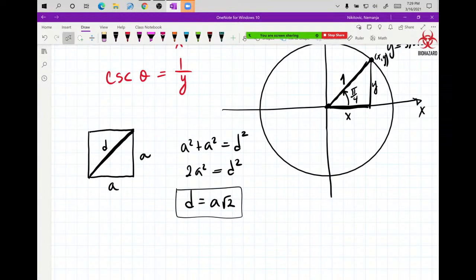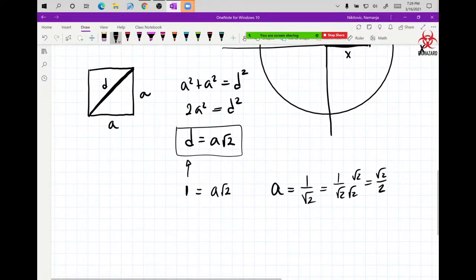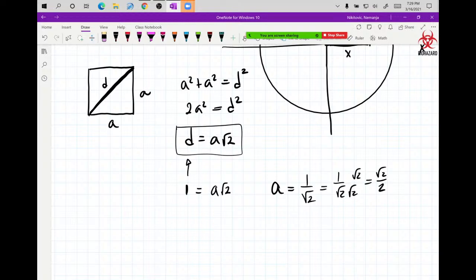Now, when I look at my picture, I know that d is equal to 1. So 1 is equal to a root 2, which means that a, which is a side, is equal to 1 over root 2, which when I rationalize is root 2 over 2. Well, hey, a is equal to x is equal to y is equal to root 2 over 2.